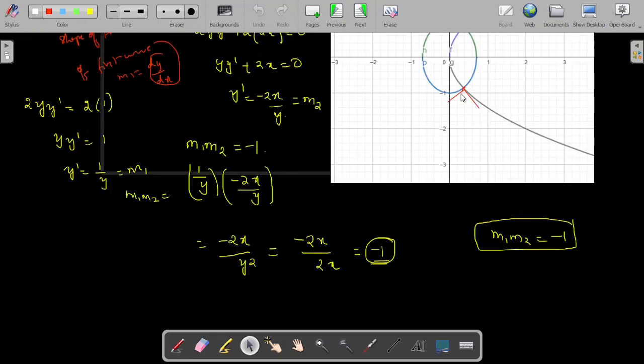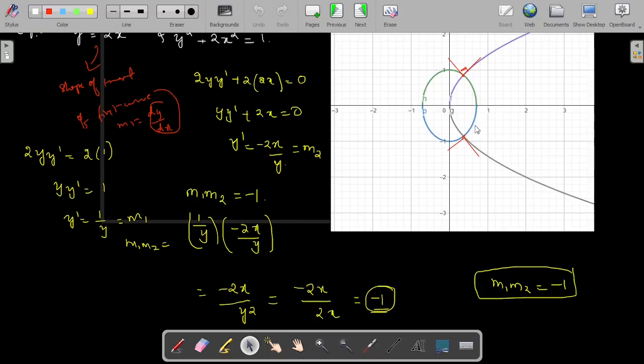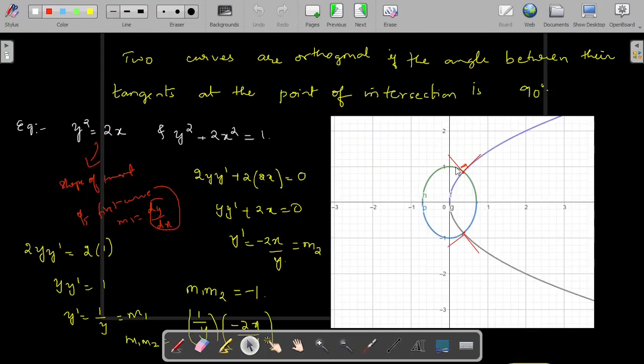Now, these curves are orthogonal because the angle between the tangents at every point of intersection is 90 degrees. Here also you can check, there are 2 points of intersection of these two curves. At this point as well as at this point of intersection, the angle between tangents is 90 degrees. Therefore, these two curves are orthogonal.